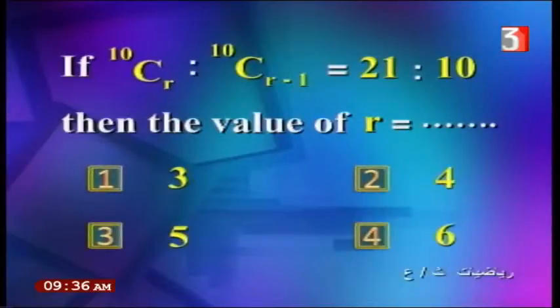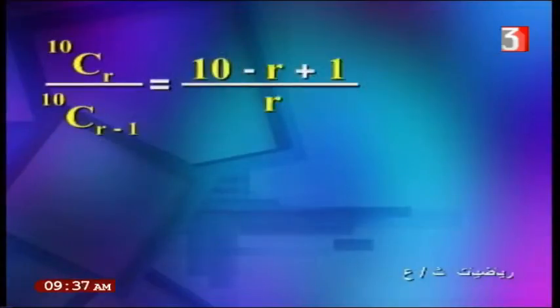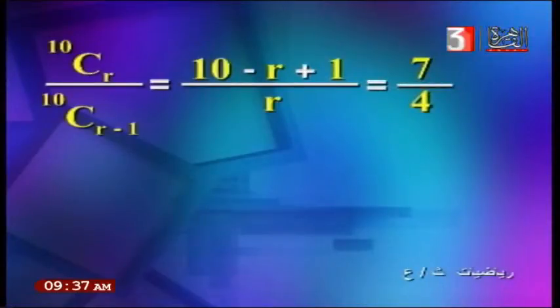By the steps, my dear student, look at 10CR over 10C(R minus 1) equals what? This rule: (10 minus R plus 1) over R. Therefore, it equals 7 over 4 in simplest form.